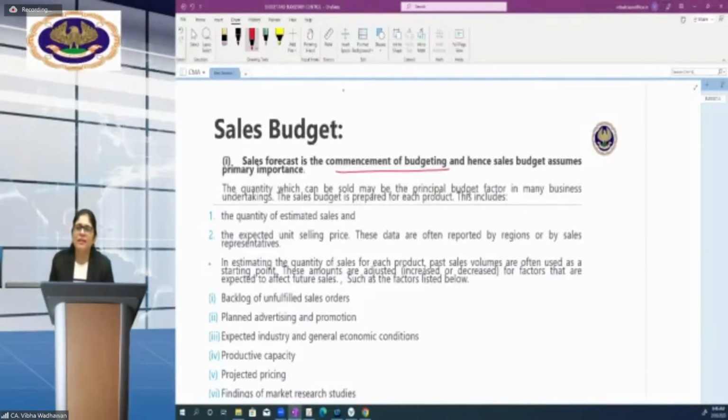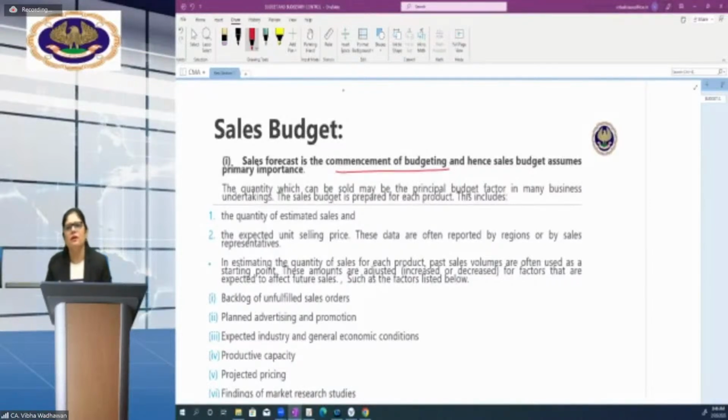We have to find out how much capital I should have, how much working capital, how much raw material should I purchase, how much semi-skilled, skilled or unskilled labor I should require. So the starting point is the sales: how much sales I'm expecting to reach, or project for the budgeted period.